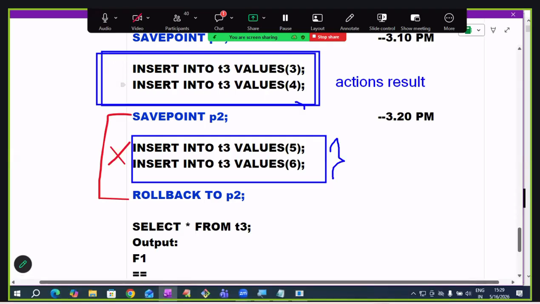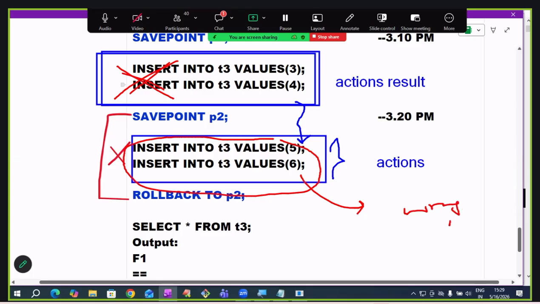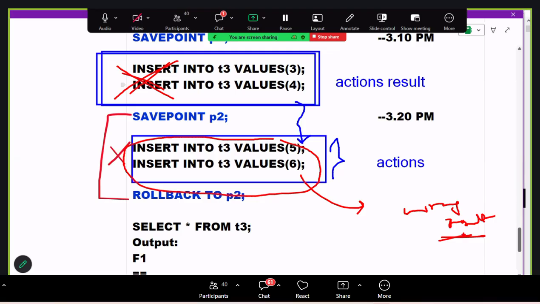Now if you cancel these actions, will this be affected or not? Affected. You're getting wrong output, sir. Wrong result you get. This is a problem to us. That is why you cannot cancel middle actions.